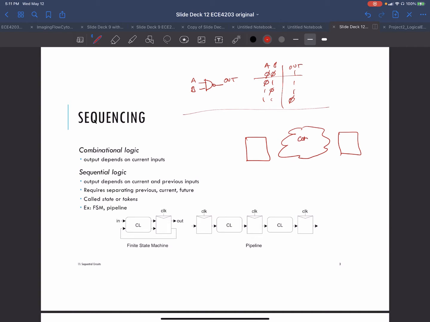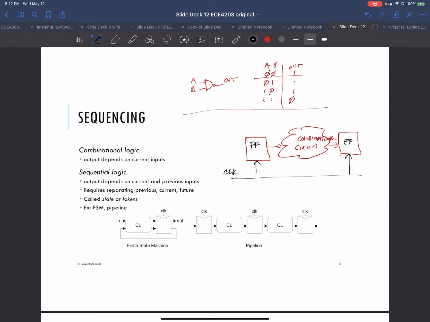So what you typically see is some combinational circuits, and their inputs and outputs go to, say, flip-flops or latches that are being clocked. Okay, and then sequential circuits are circuits where the output does depend on a previous input.